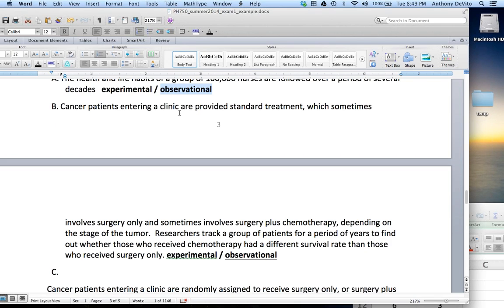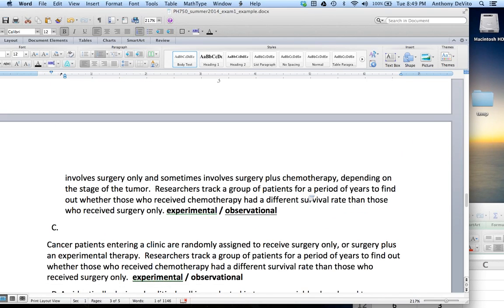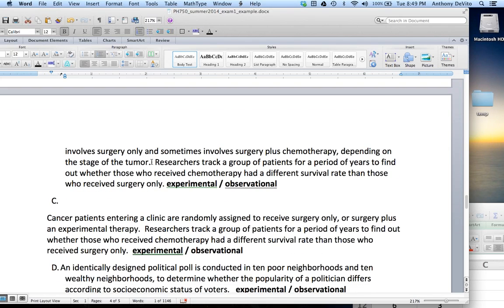Cancer patients entering a clinic are provided standard treatment, which involves surgery and only sometimes involves surgery plus chemotherapy, depending on stage of the tumor. Researchers track a group of patients for a period of years to find out whether those who received chemotherapy had a different survival rate than those who received surgery only. Is this experimental or observational?